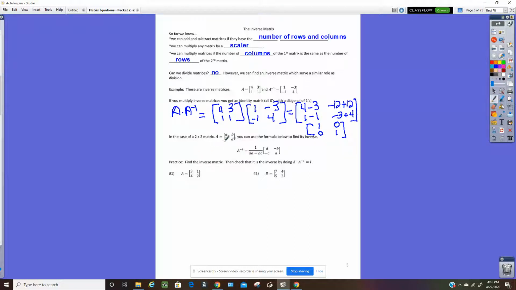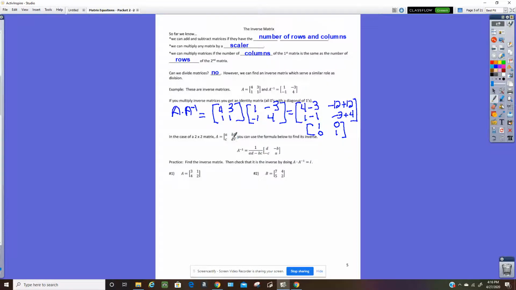So in the check for understanding this week, you're going to have to find the inverse of a 2 by 2, and here's the formula. So the inverse of this matrix right here is 1 over the determinant. So you find the determinant, and you do 1 over that, or the reciprocal of the determinant.